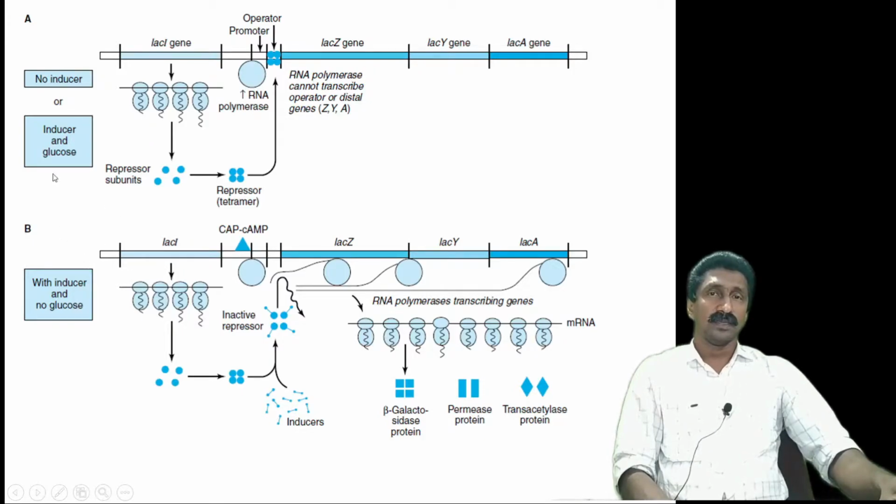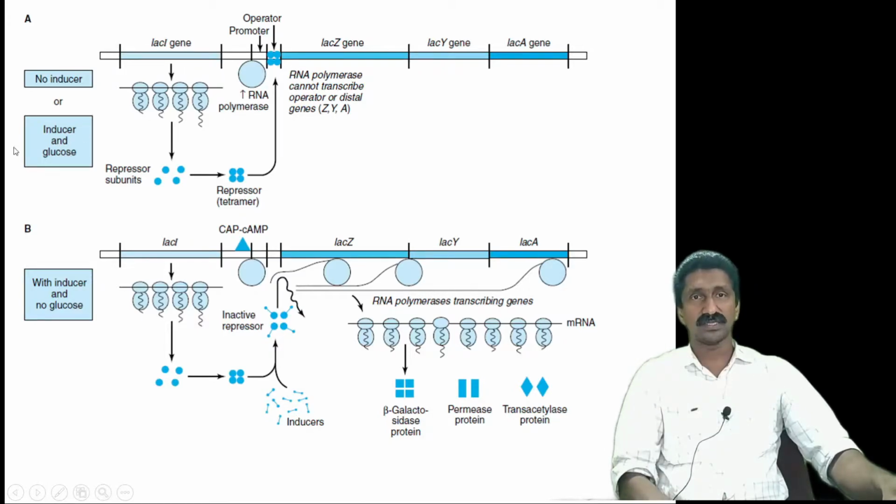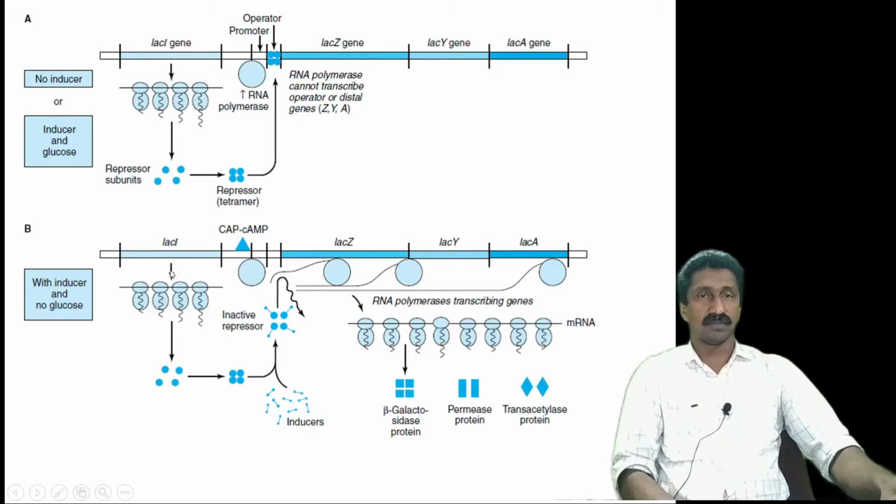Okay. So this is the case of no inducer, or inducer with glucose. In both cases, transcription cannot occur. Then with inducer and no glucose, the repressor molecule will be bound with the inducer, that is the allolactose molecule, and the repression from the operator is relieved.